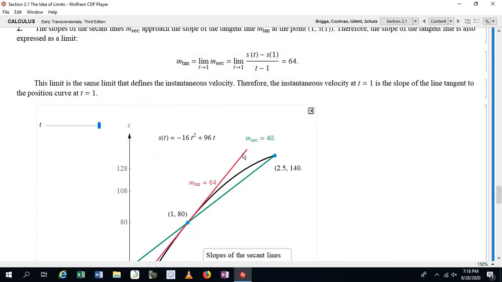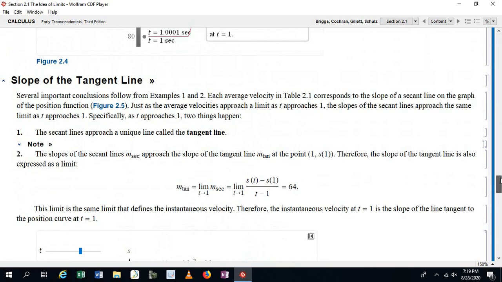So this green line is beginning to approach this red line. The secant lines get closer and closer to the tangent line, and the slopes of the secant lines as t approaches 1 get closer to the slope of the tangent line itself when t is equal to 1.